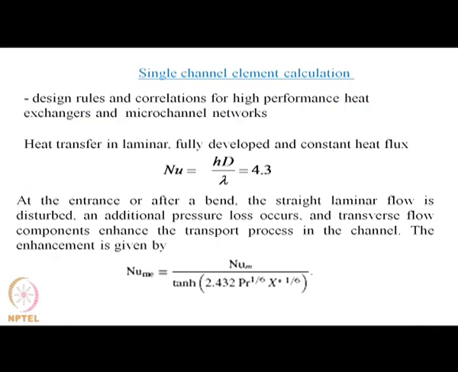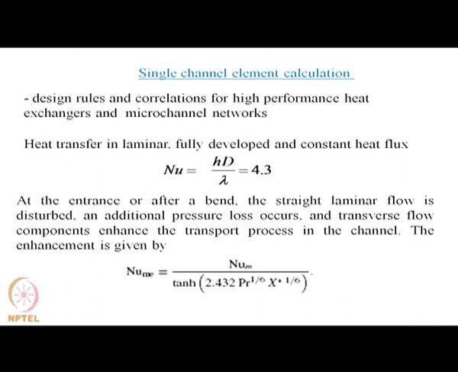So, what are the single channel element calculations? We are already familiar with some of them. We need to look at the design rules and correlations for high performance heat exchangers and microchannel networks. If it is laminar, fully developed and constant heat flux case, then the Nusselt number is a constant equal to 4.3. But if we have the entrance or if we have a bend, then the straight laminar flow is disturbed.